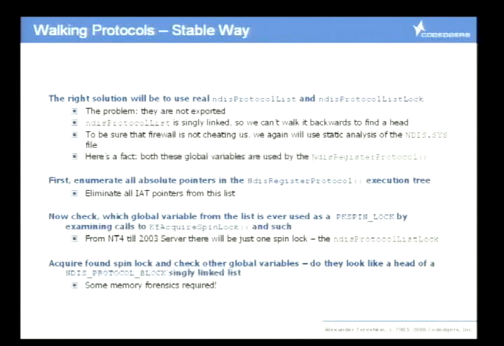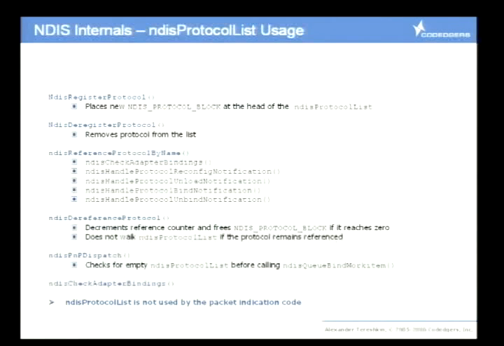Here we will use some tricks to check if this variable is actually a pointer to the list of the protocol block linked list, or a pointer to somewhere else, for example by checking some critical fields in these protocol blocks. This slide is about usages of the ndisProtocolList global variable.